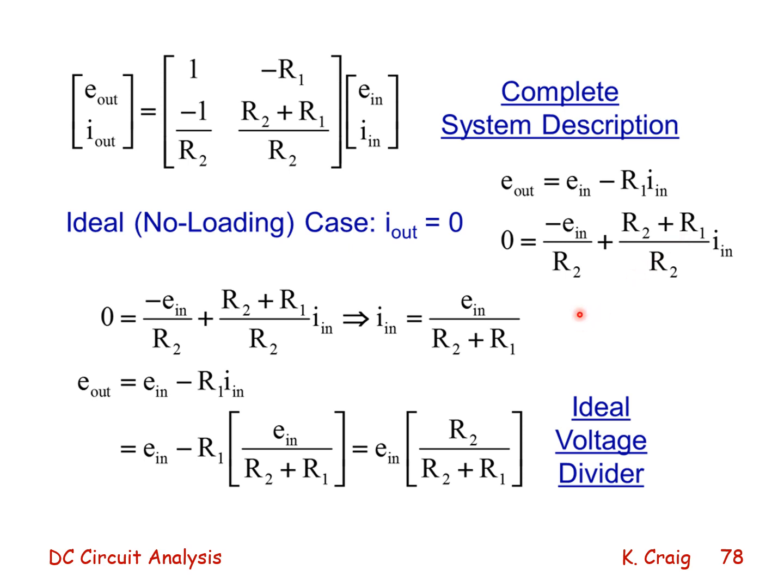And if I simplify the mathematics using algebra, I get that E out equals E in times R2 over R1 plus R2, which is my ideal voltage divider equation, assuming that I out equals zero. So whenever we use this ideal voltage divider equation, we are assuming implicitly, or we must guarantee, that I out equals zero.